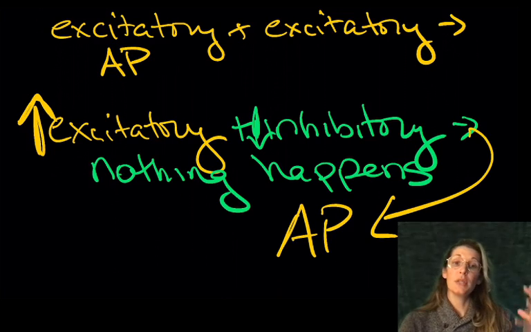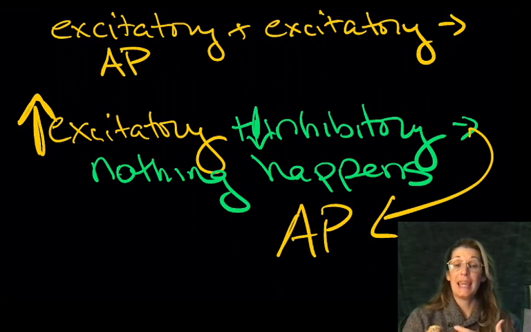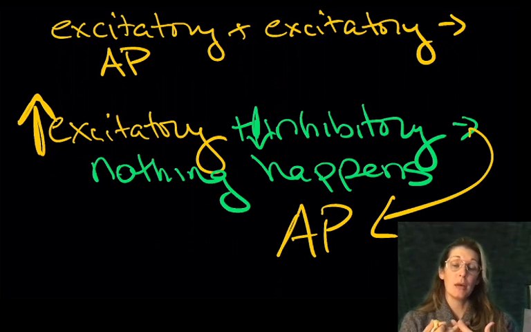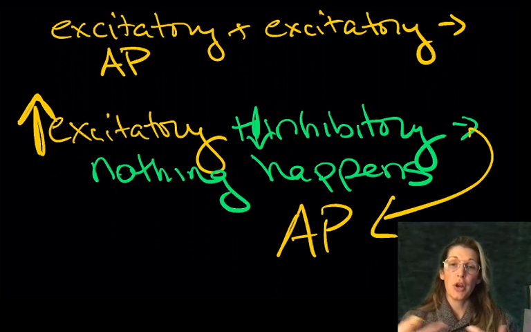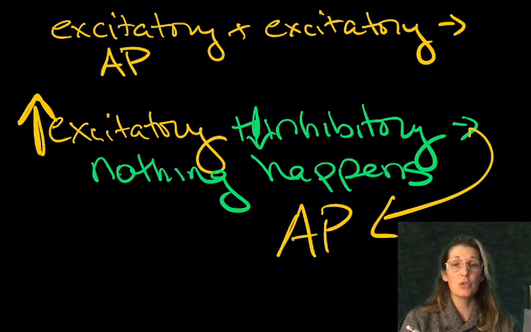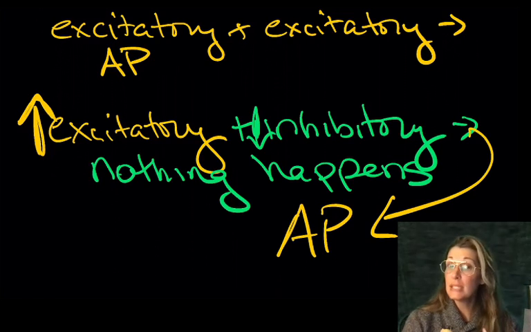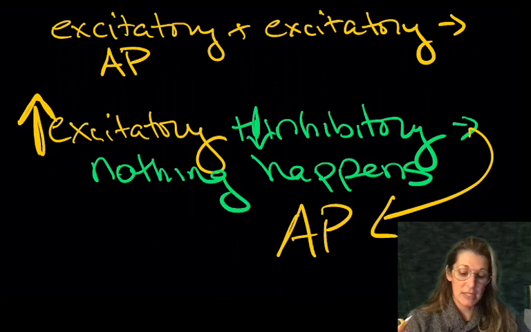Okay. So it's important to know that these graded potentials can be summed. So they can be summed across multiple neurons. Those neurons can be sending the same signals. They can all be sending excitatory signals. Some can be sending excitatory and some inhibitory. They can all be sending inhibitory signals, but those can be summed.